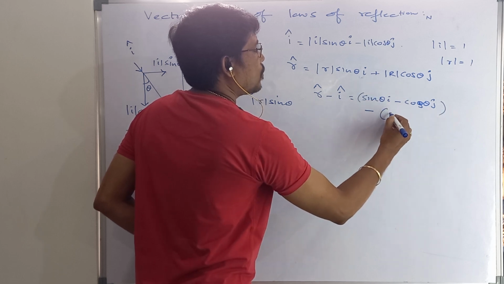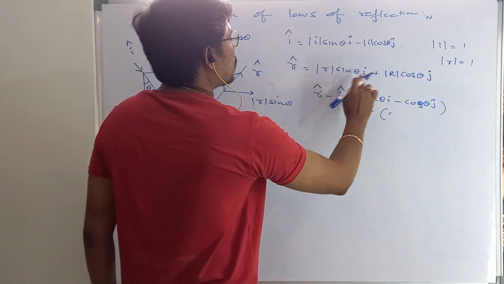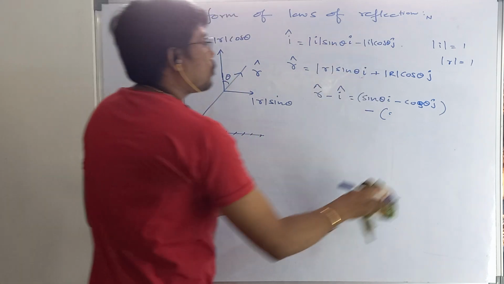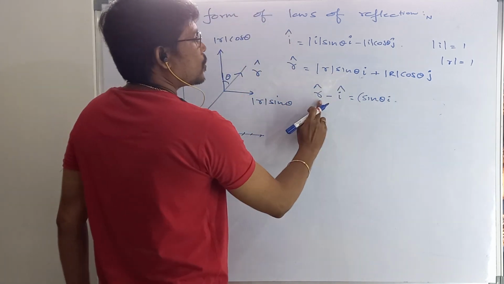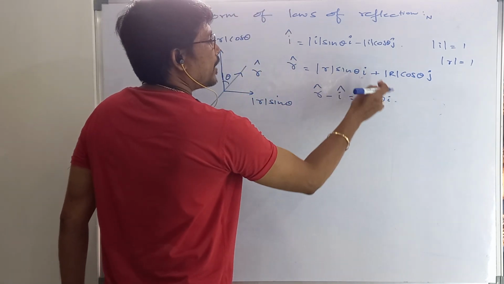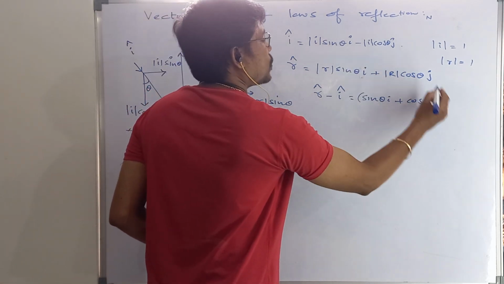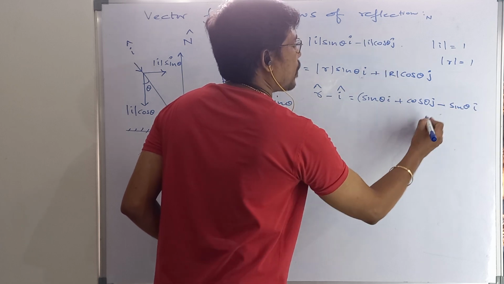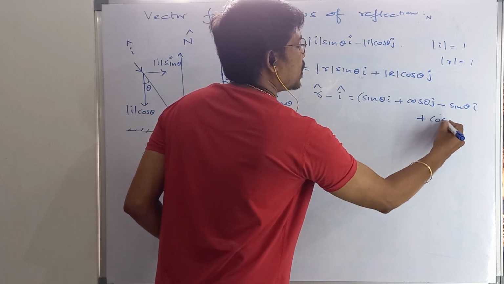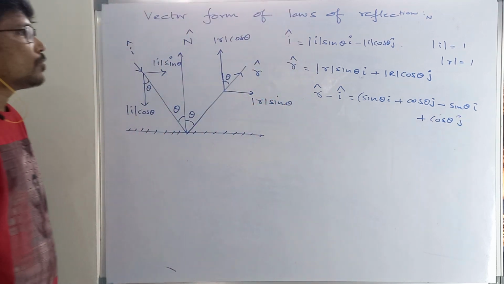I am considering this one, first r bar minus I bar. r bar is sin theta i plus cos theta j. This one is minus sin theta i minus of minus plus cos theta j plus cos theta j.